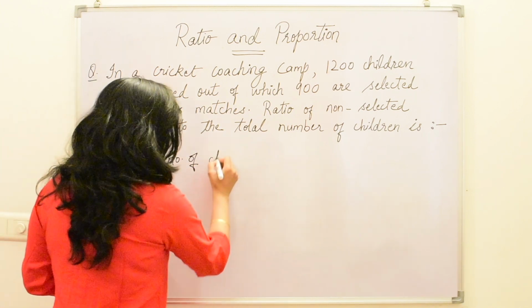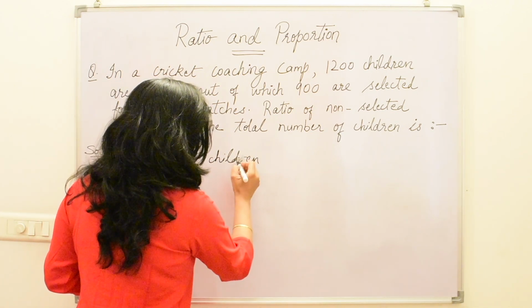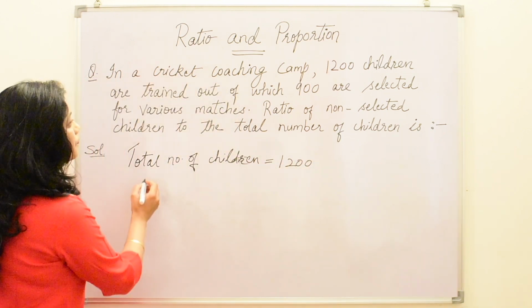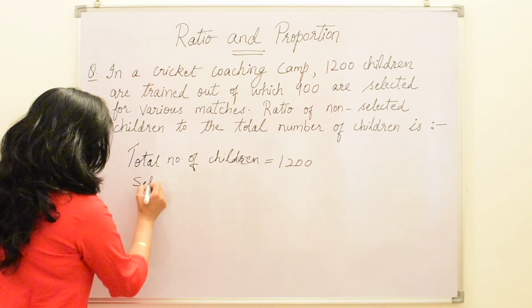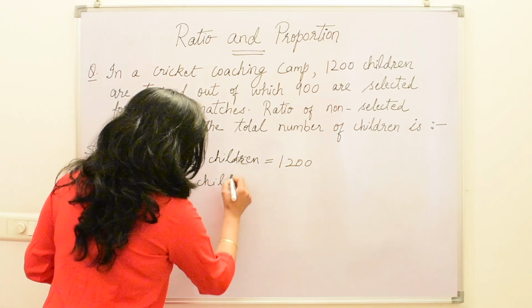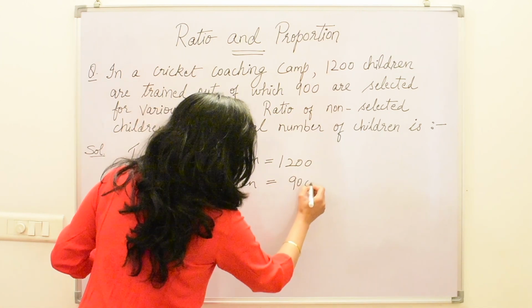Total number of children is equal to 1200. Selected children is equal to 900.